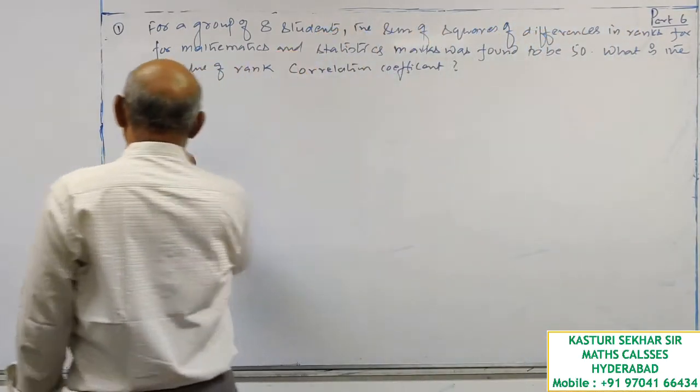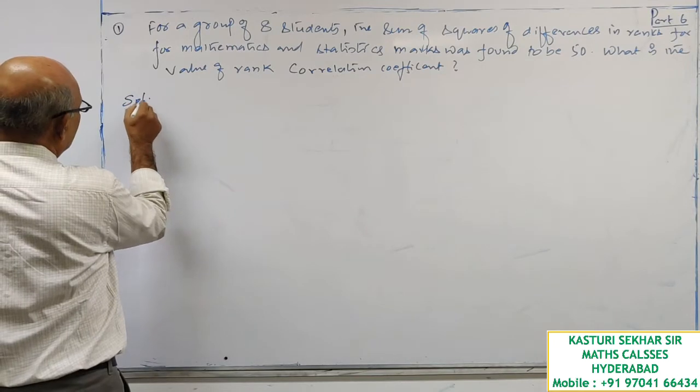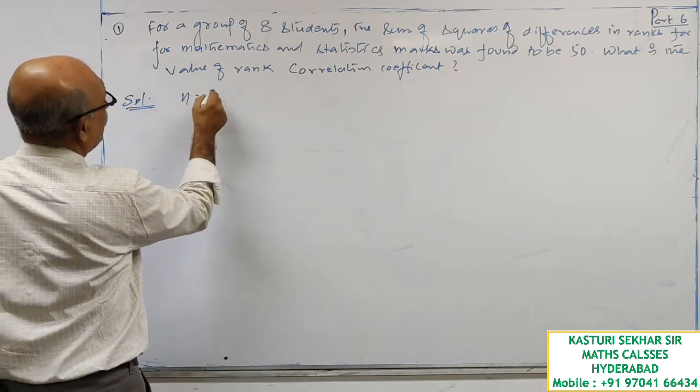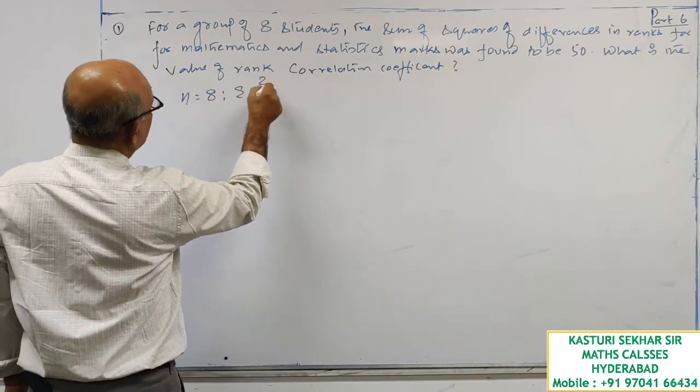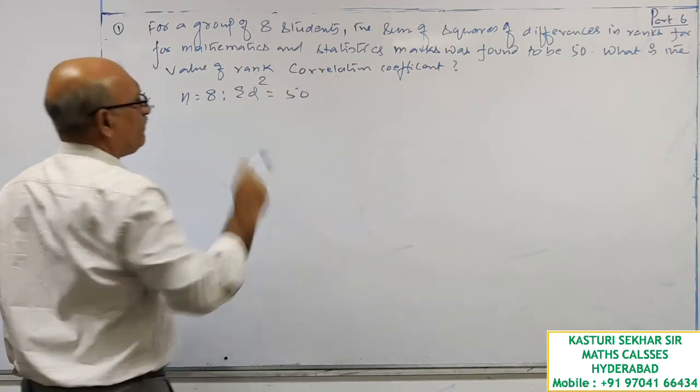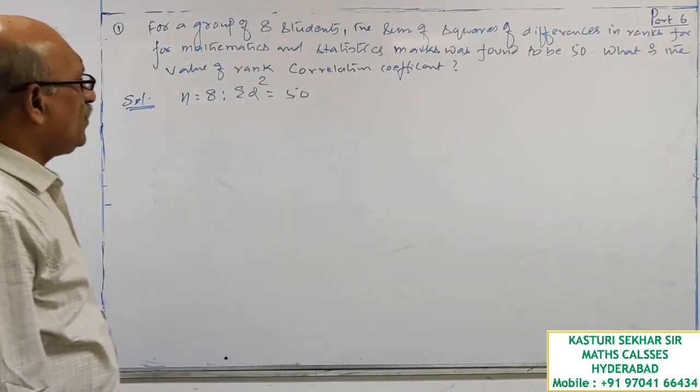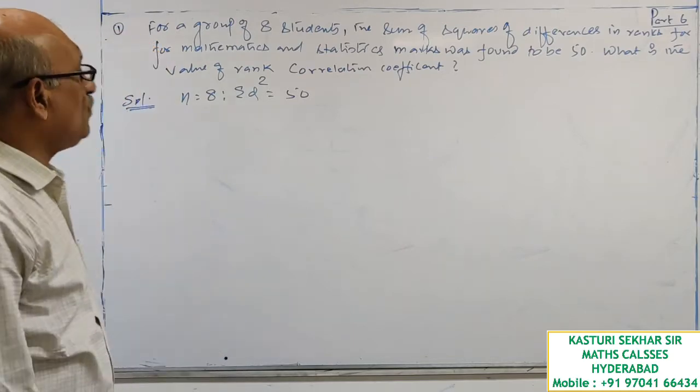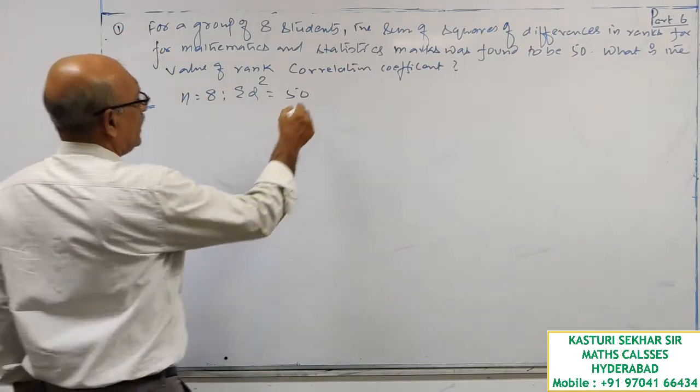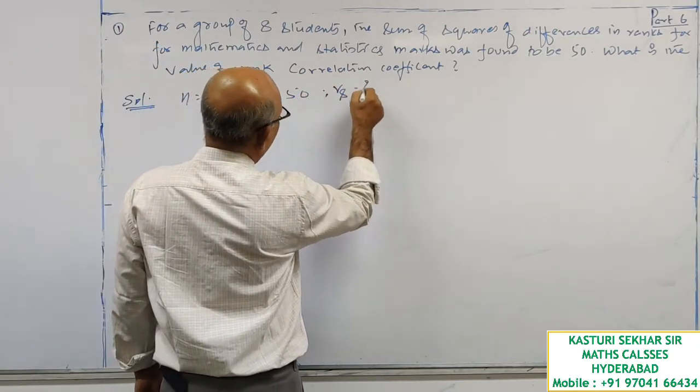See the solution for this. n is equal to 8. Summation of d square is equal to 50. Now I have to calculate the rank correlation coefficient.